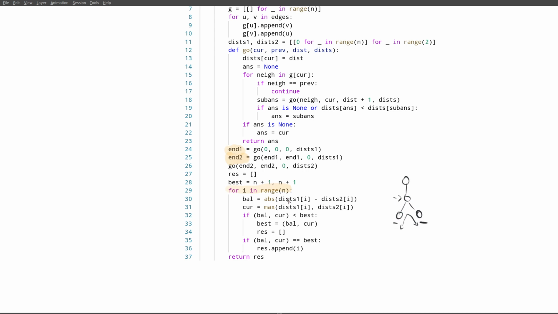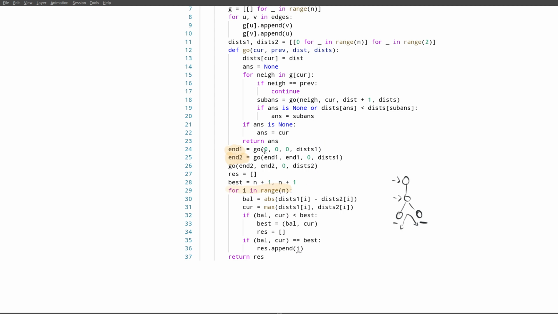So the absolute value of the difference between those two distances is 0, and the maximum is 1. And for this node, the absolute value of the difference is also 0, but those distances are 2, so this is not a correct node. We have to also minimize that maximum distance. And then we just remember all the nodes that do it.